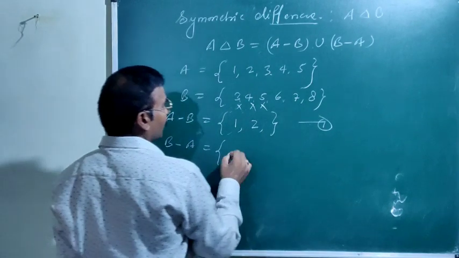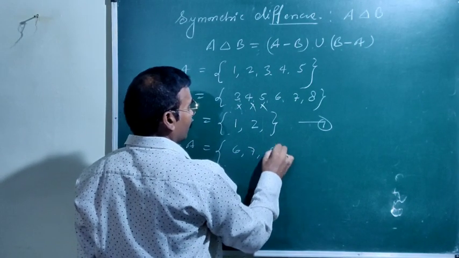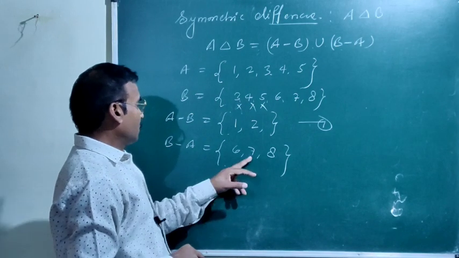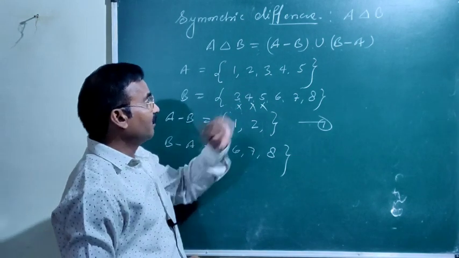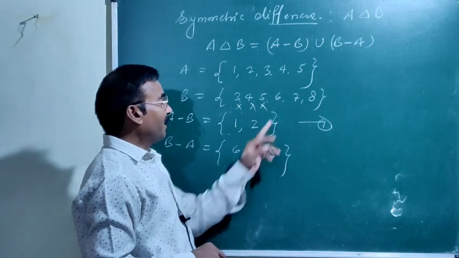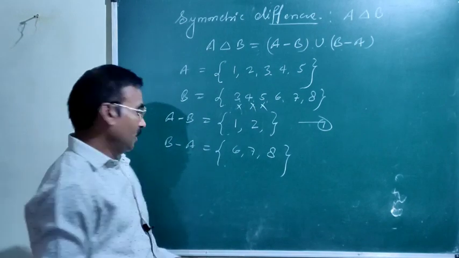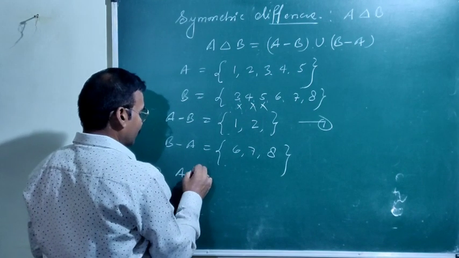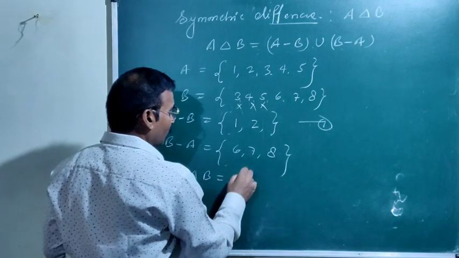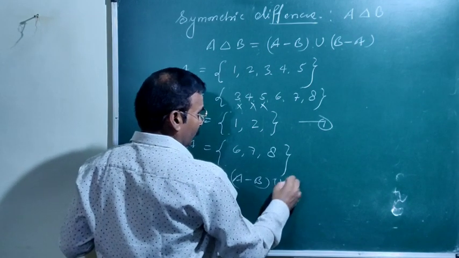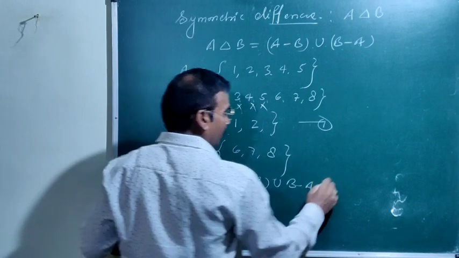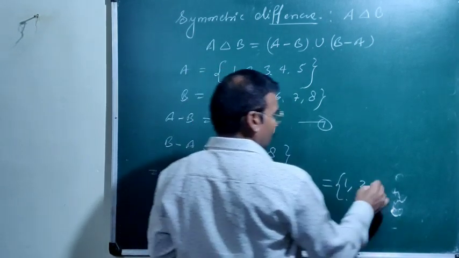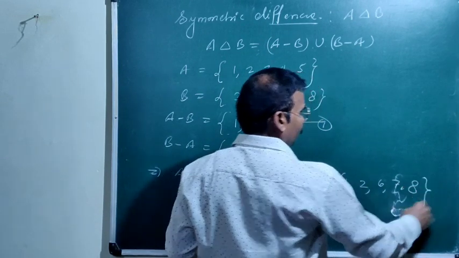So B minus A is 6, 7, 8. 6 belongs to B but does not belong to A, 7 belongs to B but does not belong to A, and 8 belongs to B but does not belong to A. Now take the union. A symmetric difference B equals A minus B union B minus A, which is 1, 2, 6, 7 and 8. This is simple.